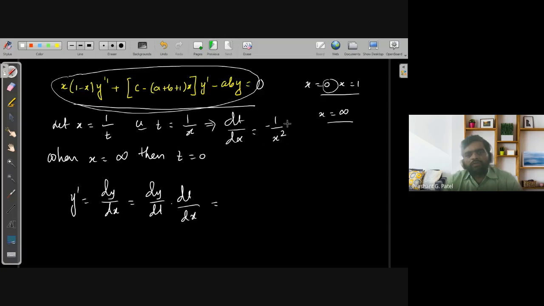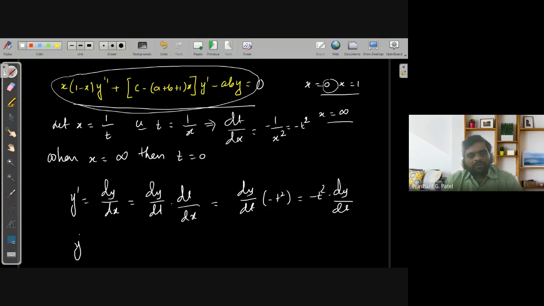But 1 upon x square in terms of t is t square, because 1 upon x is t. So it is minus t square. So finally we have minus t square into dy by dt.